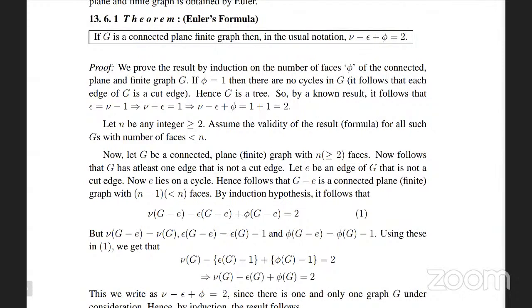Only one, so there is no other connection, and no cycle formation. If it has cut edges, then G is a tree. By the following, the number of edges epsilon equals V minus 1. That implies V minus epsilon, vertices minus edges, is clearly 1. So V minus the edges plus phi equals 1 plus 1, which equals 2.